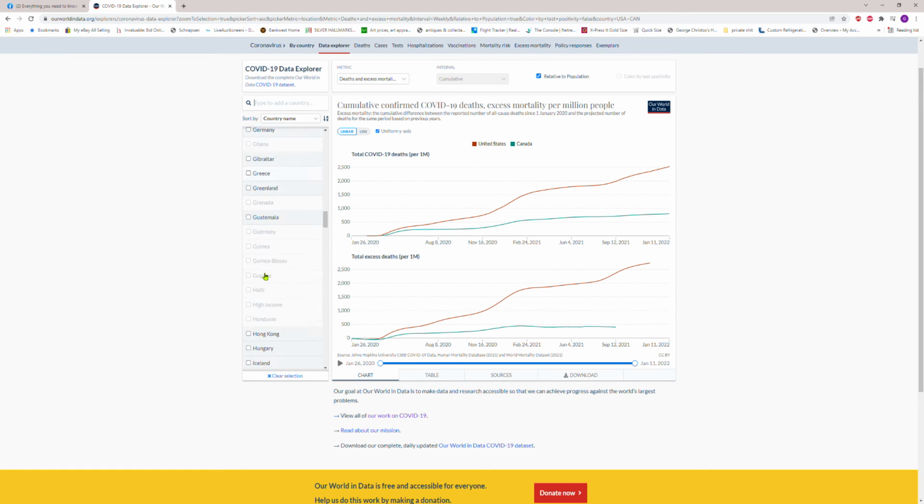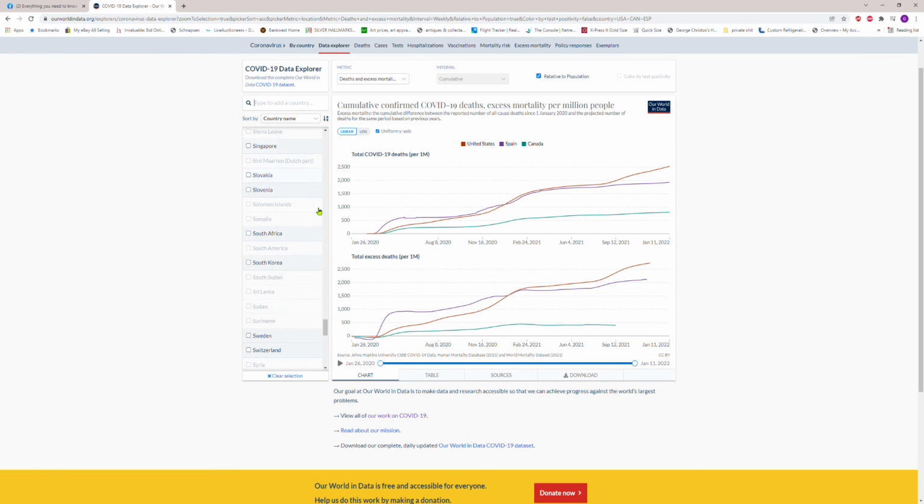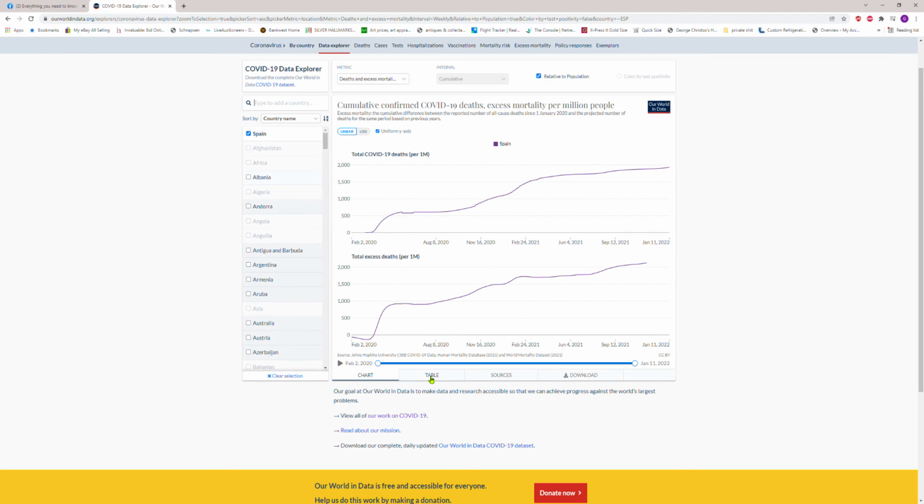Okay, let's have a look at Spain, because Spain and Italy, I'm sure they've fiddled everything. So I want to get rid of these other countries, Canada, United States. You can see that the excess deaths here, look at the excess deaths here. It was like double the number of COVID deaths. So during the early stages of 2020, Spain was lying.